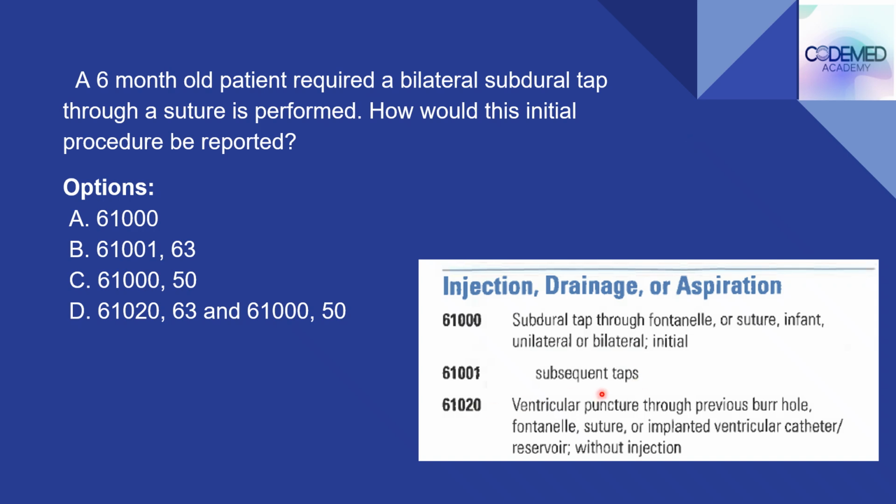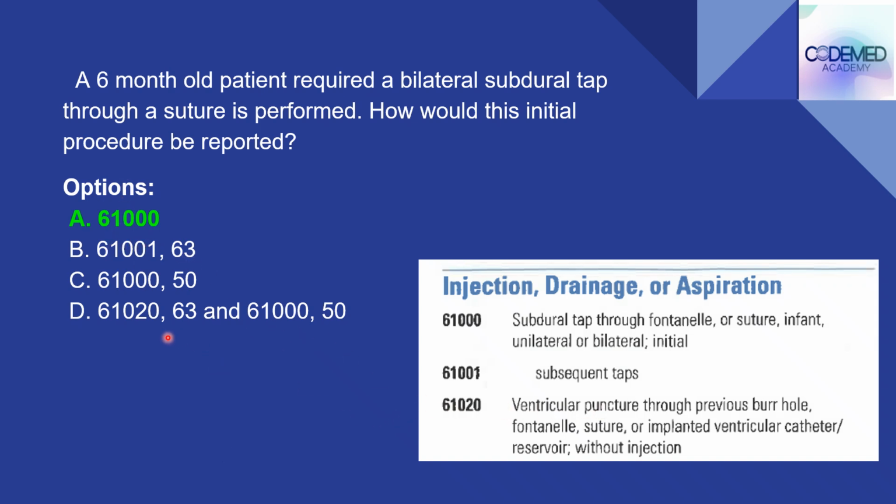So I can eliminate the option 61001, and this is the ventricular puncture that did not happen. So between A and C, we need to zero in on the answer. So yes, 61000 is the answer.